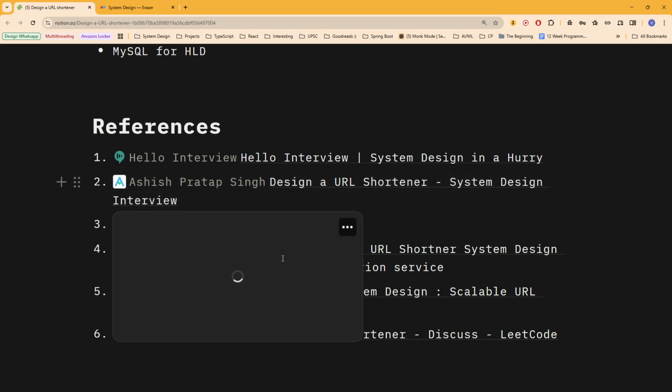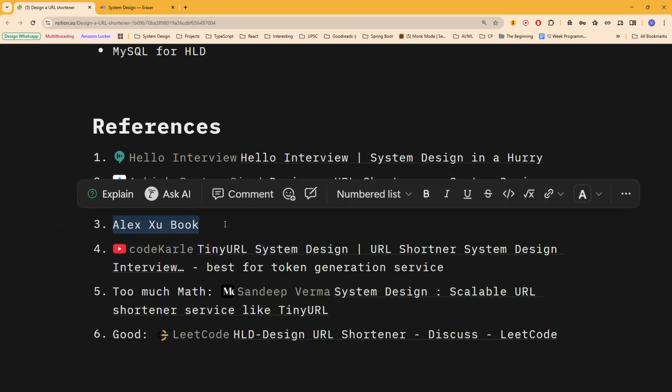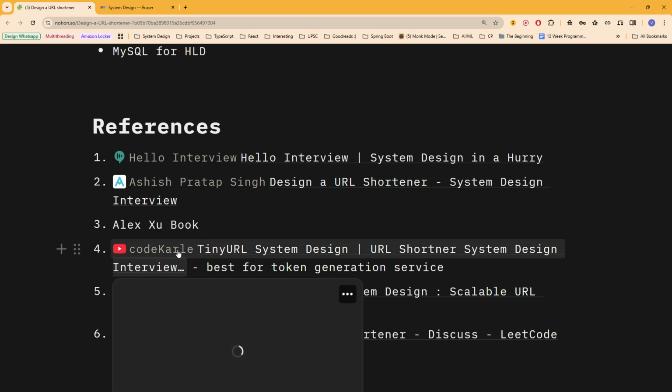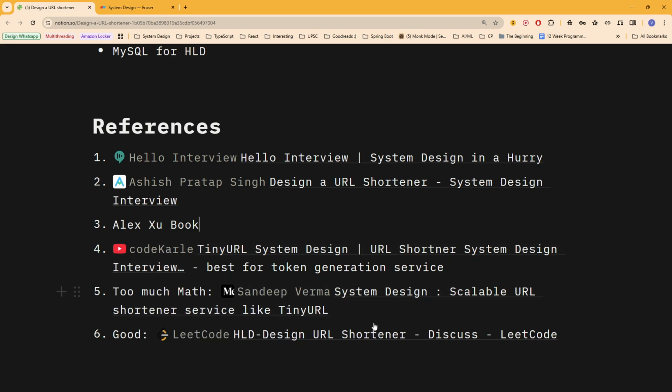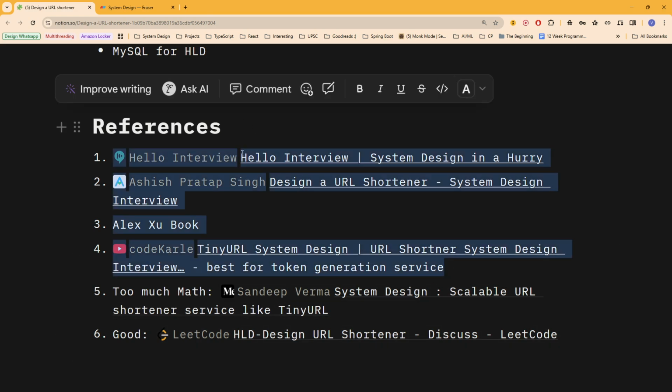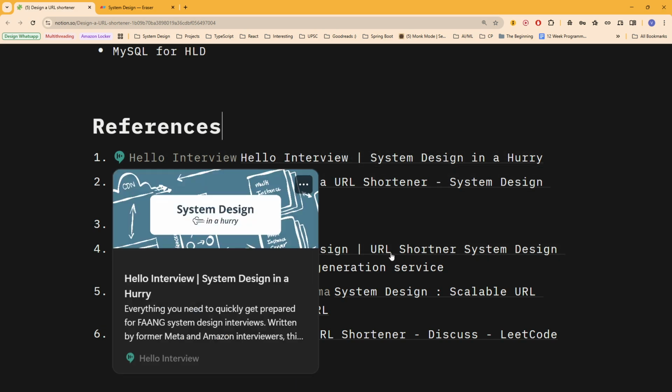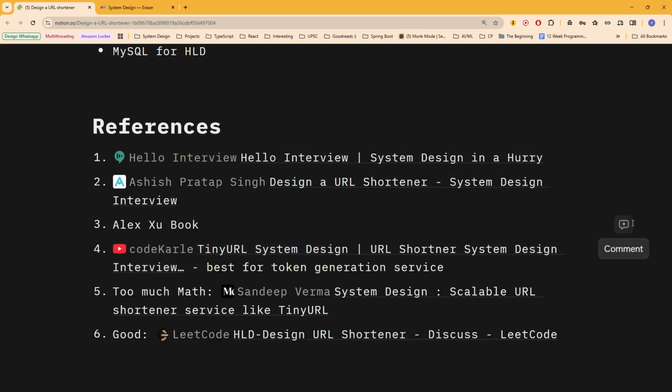Alex Xu's book, I have the soft copy and the hard copy, so I read it sometimes. Other than that, Code Karle is a very good website and YouTube channel, so you can follow that as well. And a few other blogs are there, but I wouldn't suggest going through them. These four are enough. Even the first, second, and fourth, these two blogs and this video, are more than enough for this particular question.